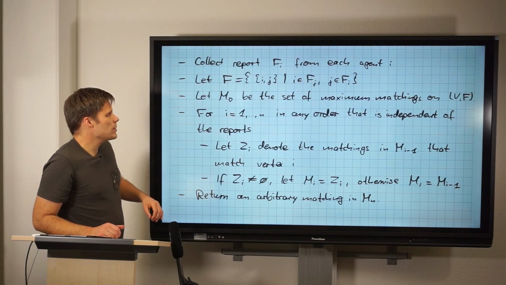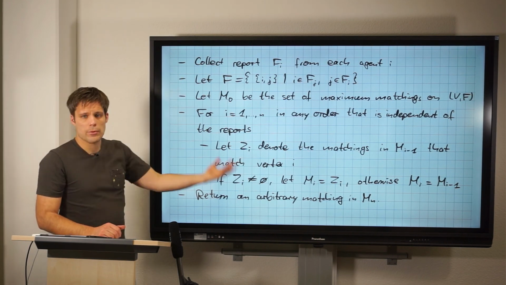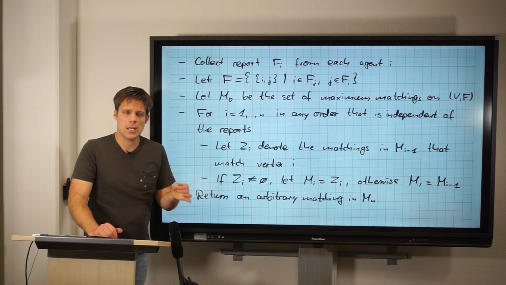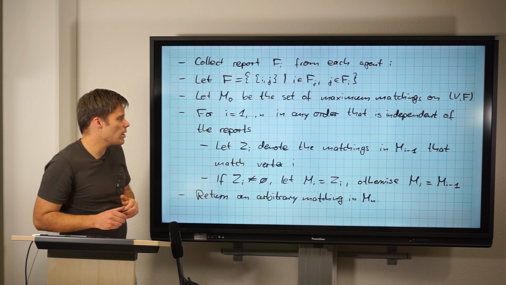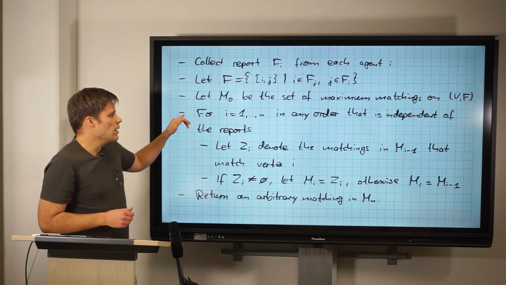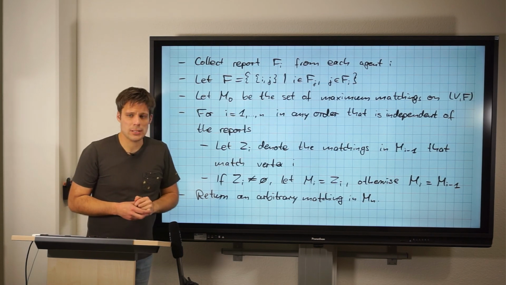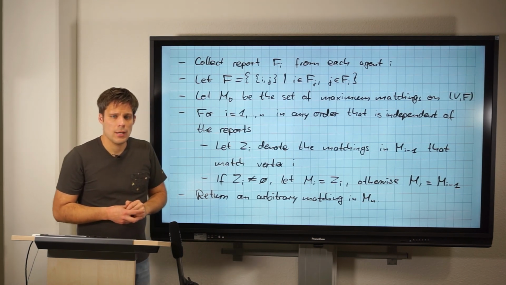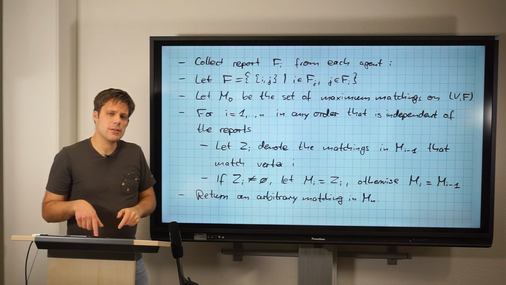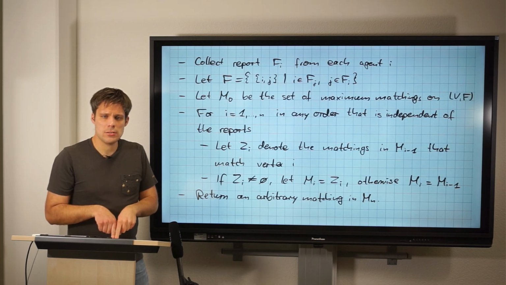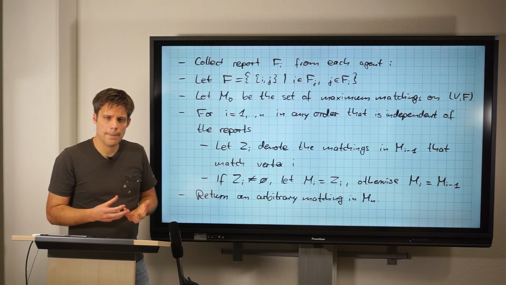So what is it that we're doing? We have our reported graph. Each agent is claiming some preferences, some compatibilities. We now let M0 be the set of all maximum matchings in this graph. And now let's consider the first agent in any order.